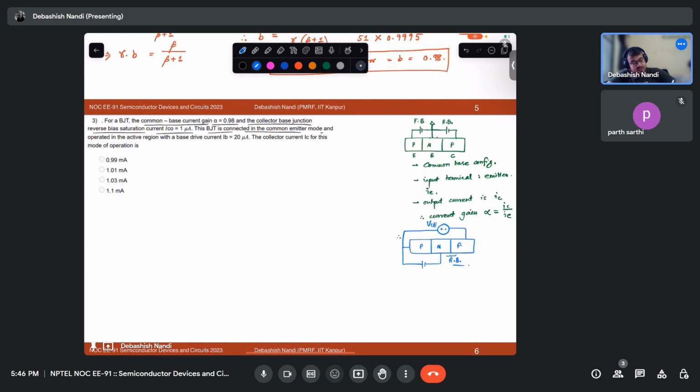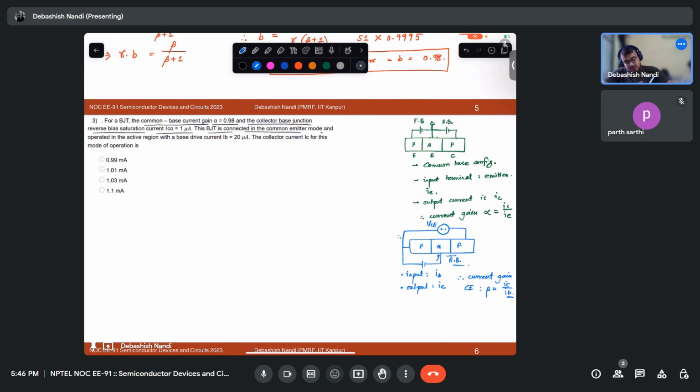So what is the input current in this case? Input current is IB and your output is IC. So your current gain in common emitter configuration is beta, IC over IB. This is a general convention we follow.